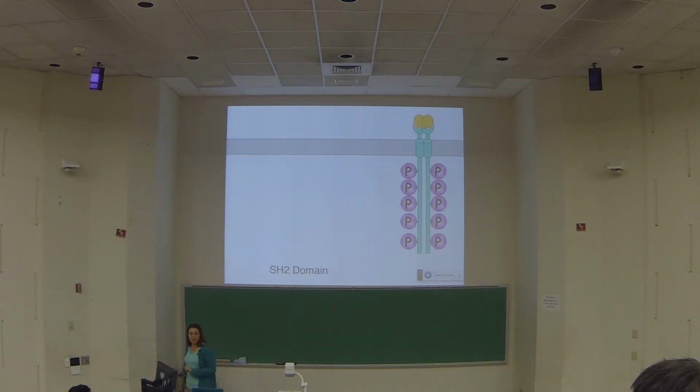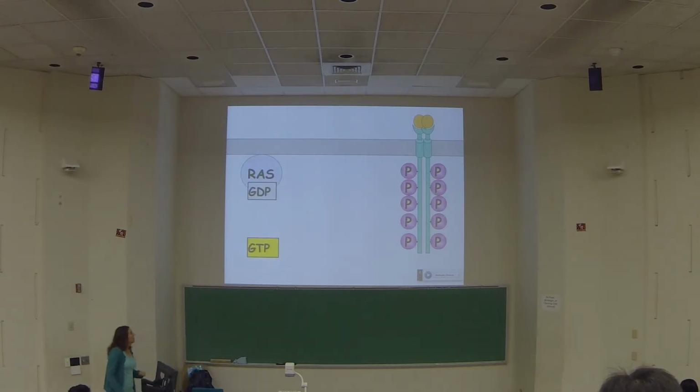The RAS-MAP pathway involves the RAS protein, which is a common regulator of cell growth. Notice that it is bound to a GDP.